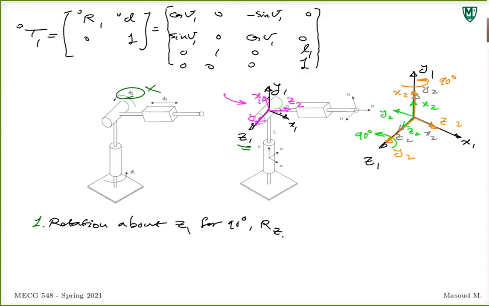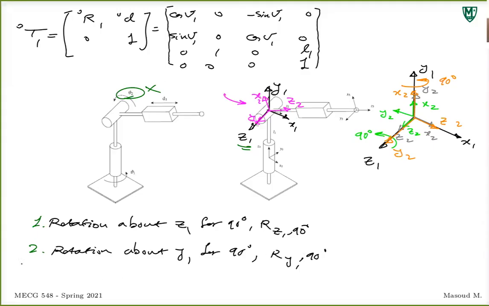So this becomes RZ1 90 degrees. I do another rotation about Y1 for 90 degrees, or RY1 90 degrees.